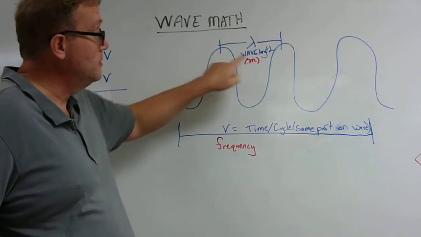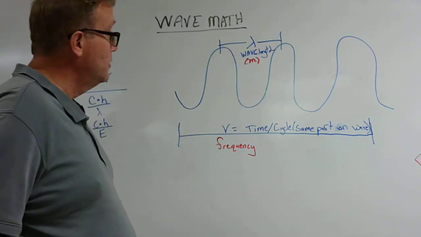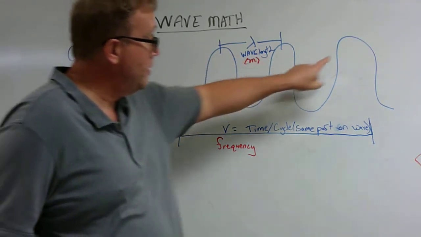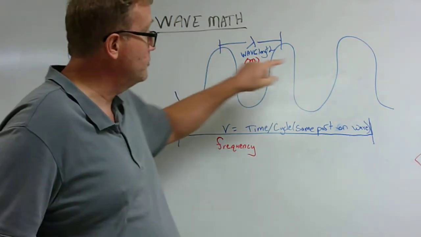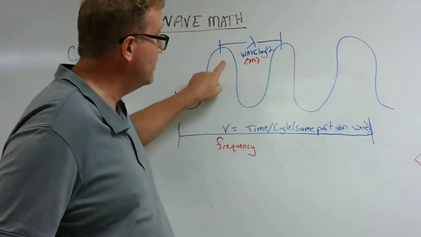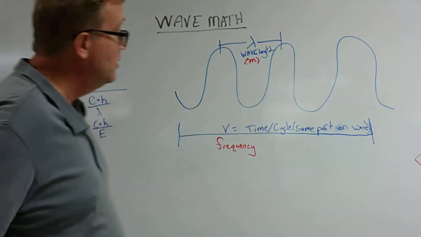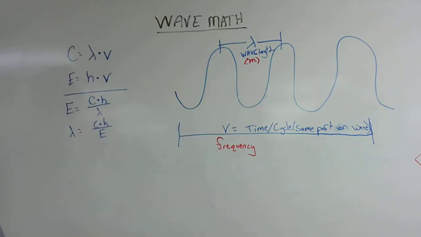So again, you would be kind of measuring this, but if I have a period where it passes a certain point, perhaps per second, that would be 2 wavelengths per second. So that's kind of how the frequency is measured. Other than that, those are pretty much the ones you are going to be calculating.